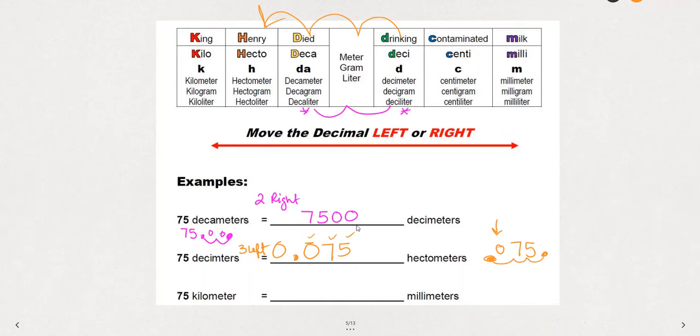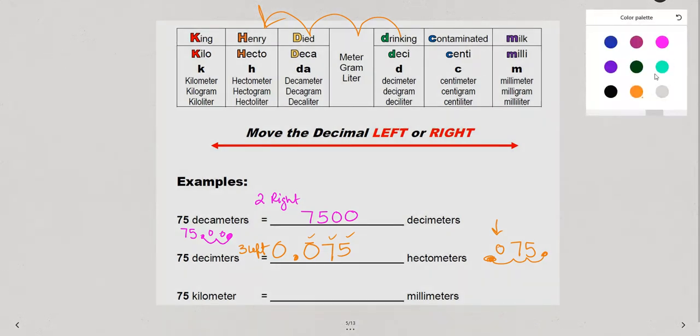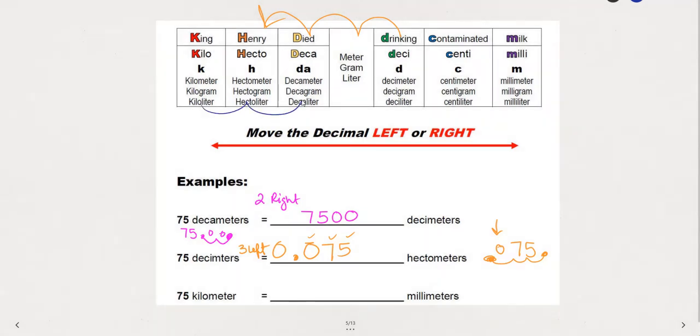And then this last example, we're going to go from a kilometer to a millimeter. So that's 1, 2, 3, 4, 5, 6 spaces to the right. If I move this decimal place, it starts here.